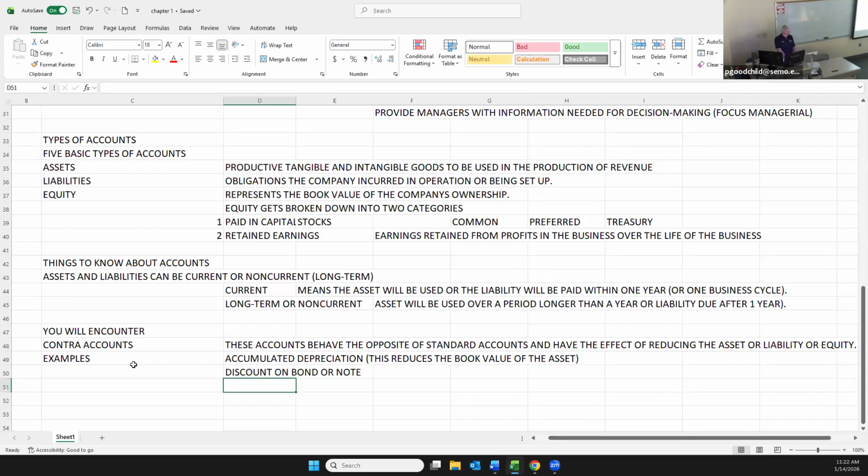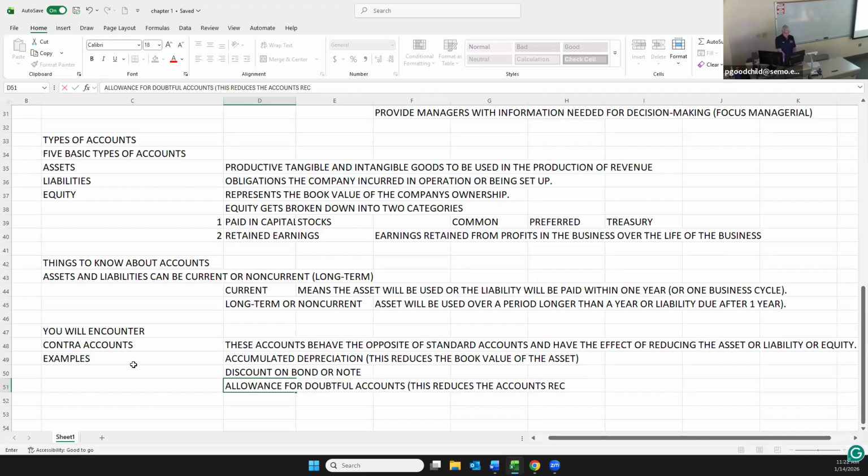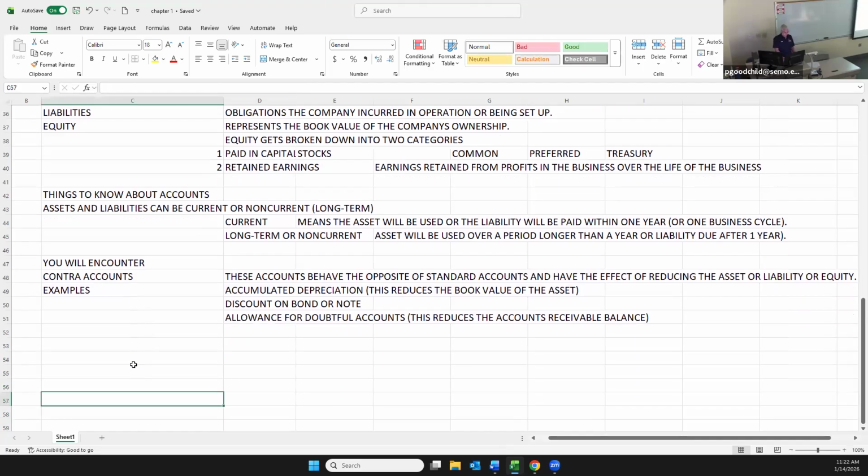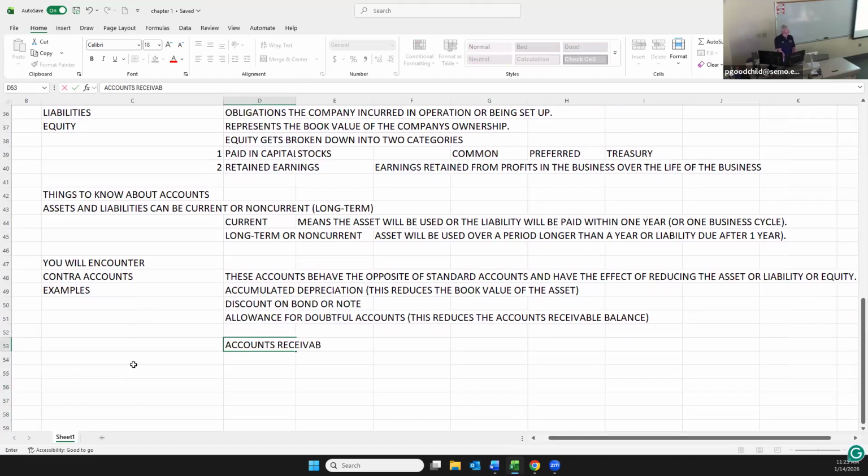There's an allowance for doubtful accounts. This reduces the accounts receivable balance. You'll have accounts receivable. You'll have allowance for bad debts.